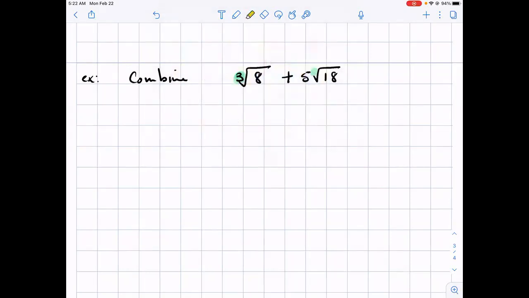In this example also, the radicands are different, but maybe we can simplify the radicand. So the radicands can be simplified, okay?